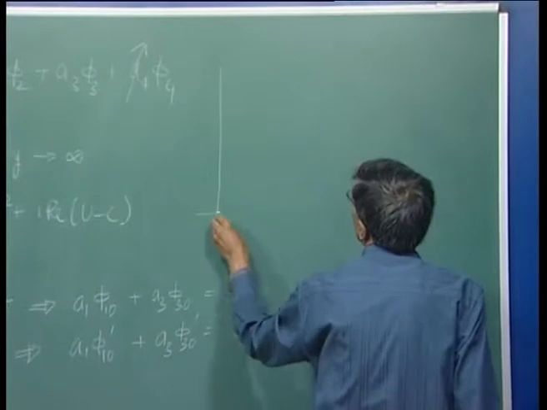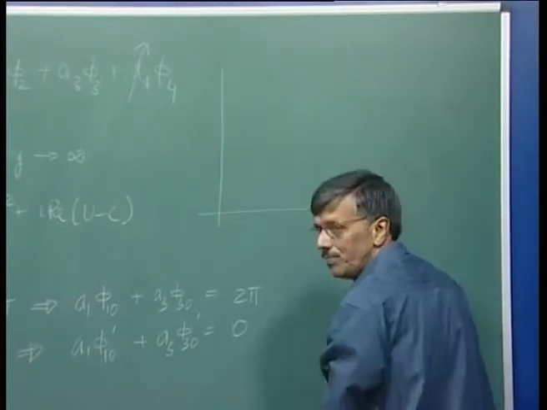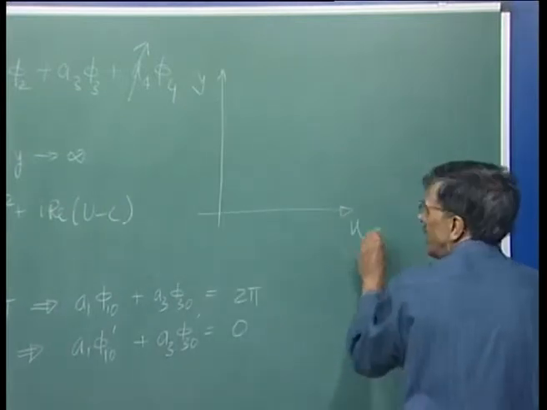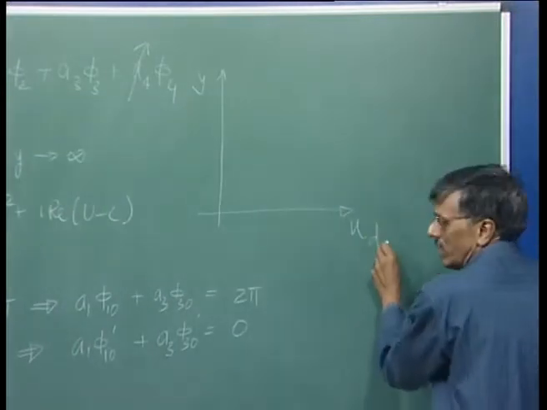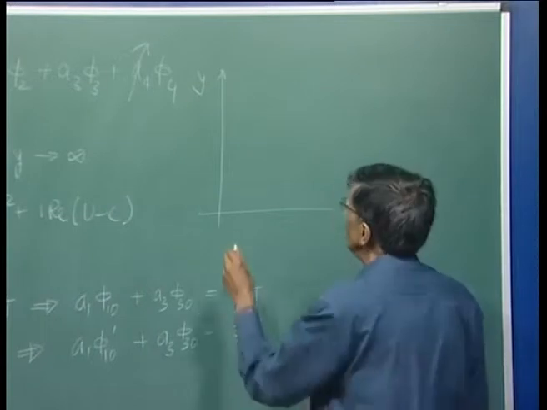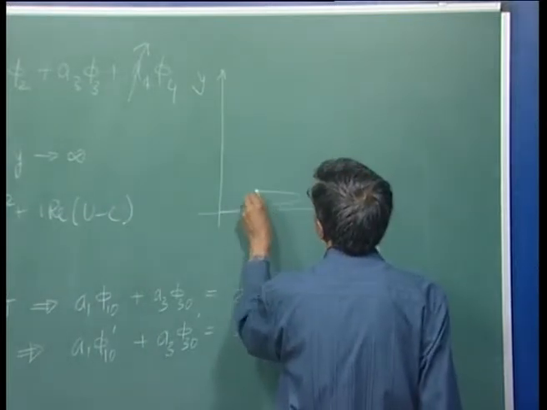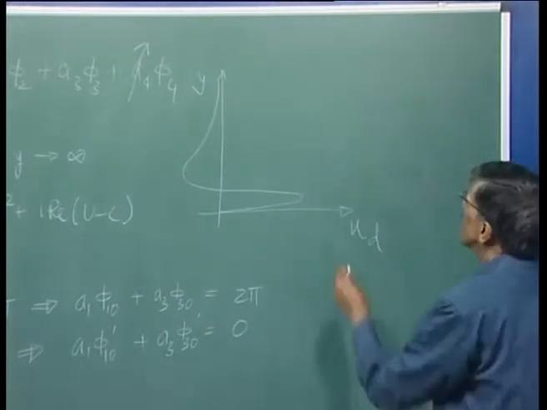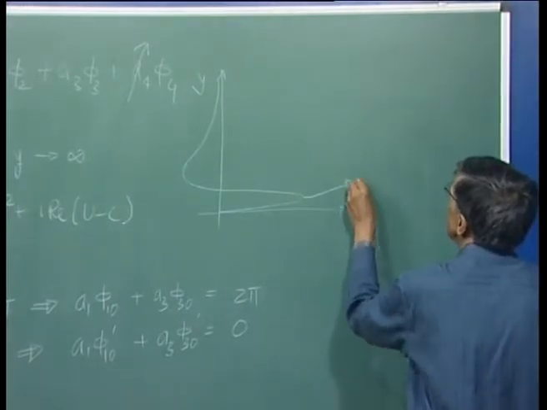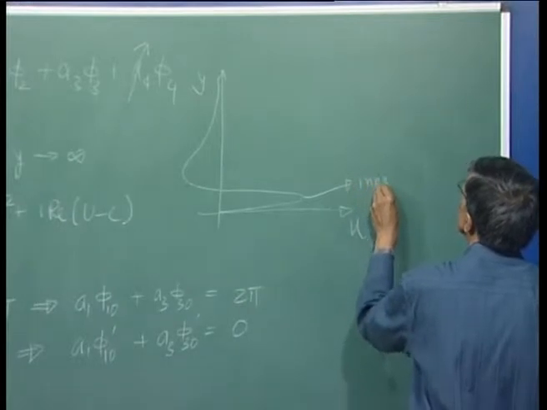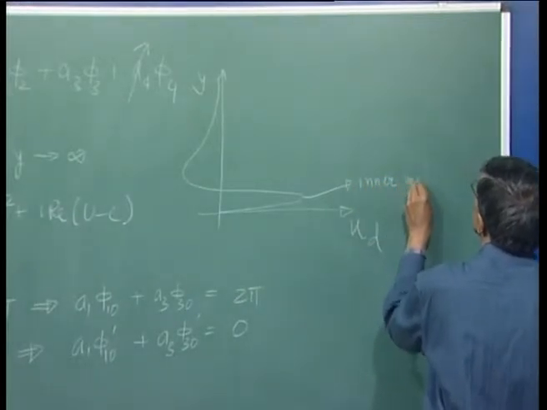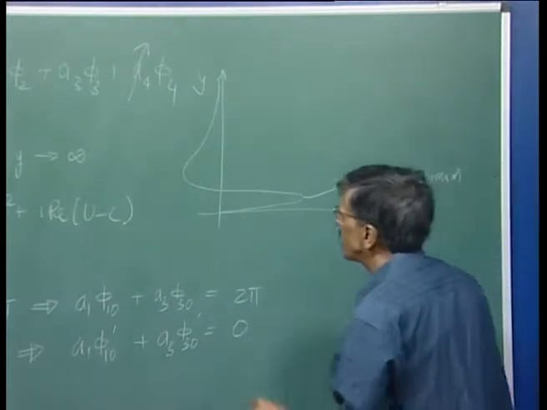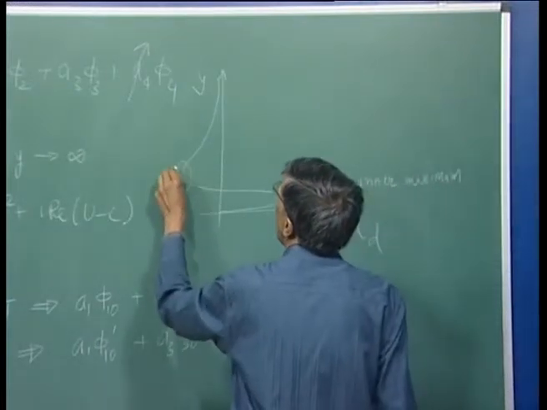So, you will see that if I plot the disturbance velocity versus y, the disturbance velocity looks like this. Okay. And this is what is called as the inner maximum. And this part is called the outer maximum.